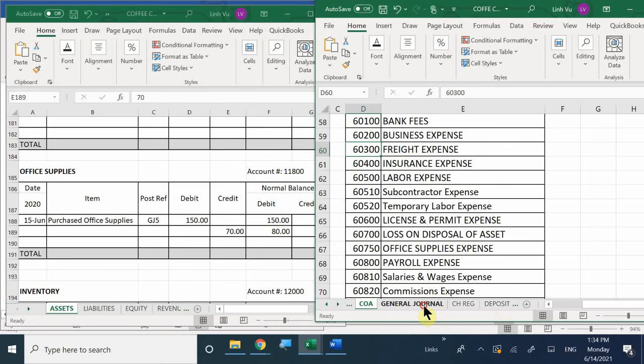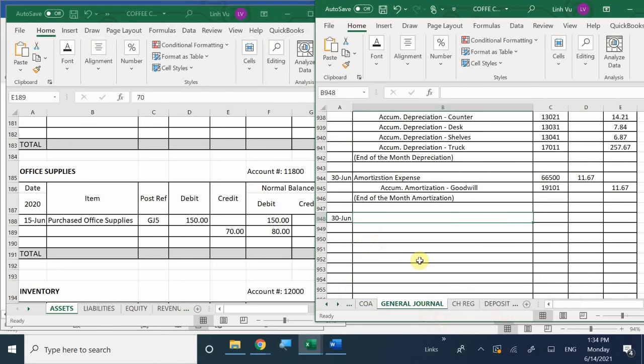We're going to credit our office supplies because we used it. We no longer have $150 worth of office supplies. We only have 80 left.